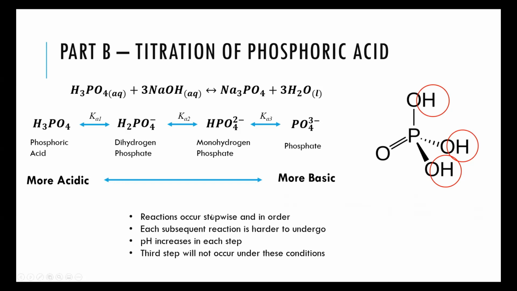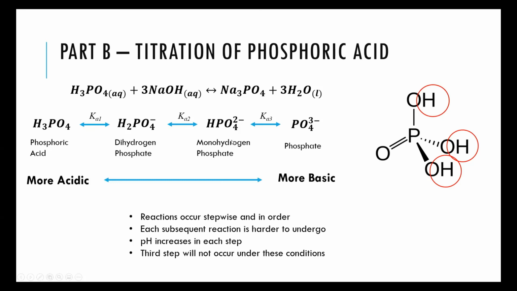Now, in this titration, you're not going to be able to see this third step. This one is very difficult to see, but you will be able to see the first two steps of this titration curve.